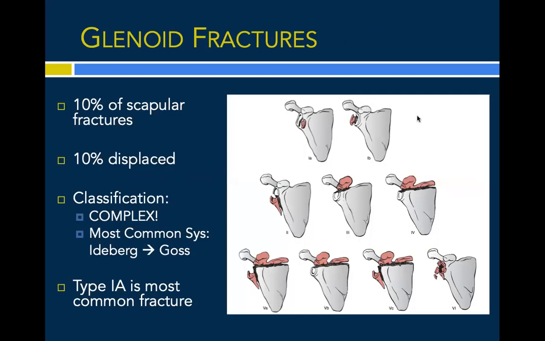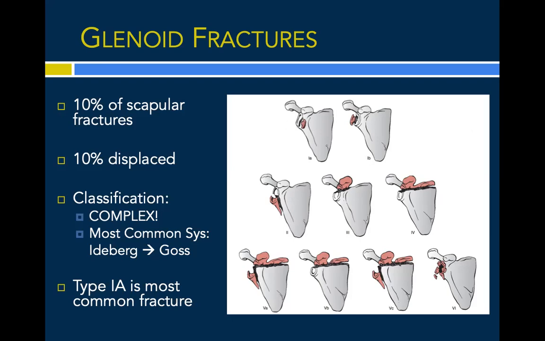Okay, let's get into the glenoid, but very briefly. Glenoid fractures are about 10% of all scapular fractures, so relatively rare. About 10% of them are displaced, and the classification system, like everything else in the scapula, is complicated. A type 1A is the most common glenoid fracture.